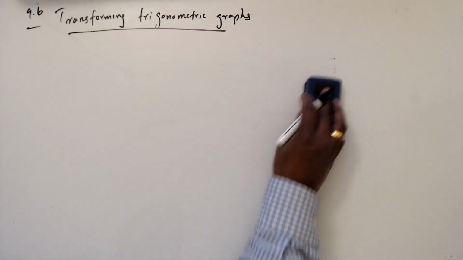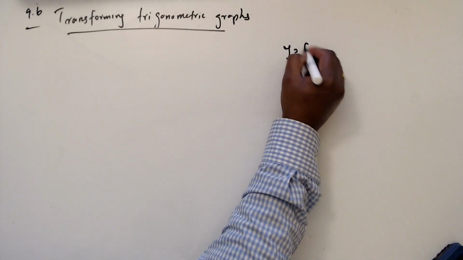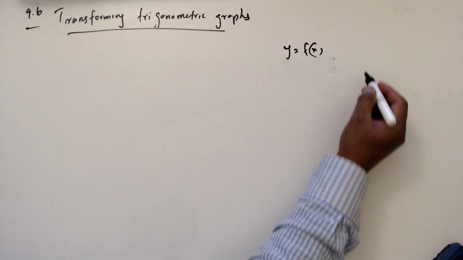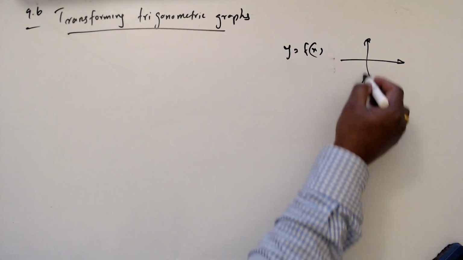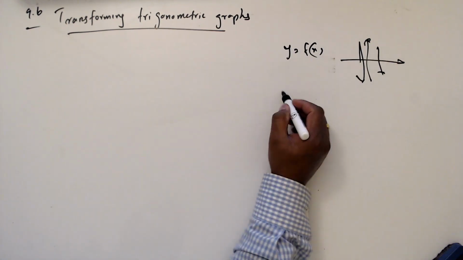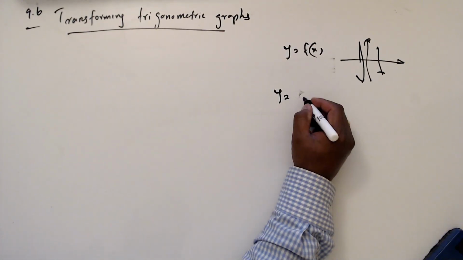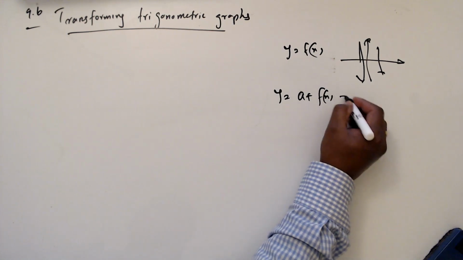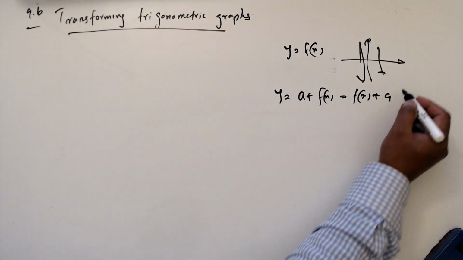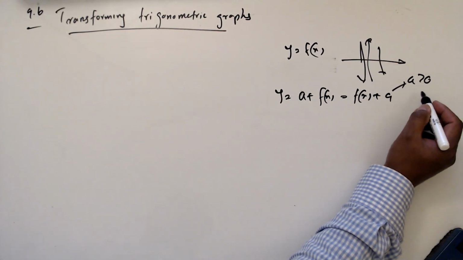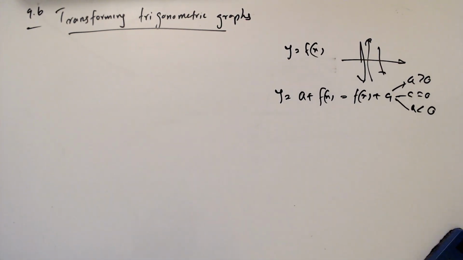If we consider the graph y equal f(x), and we want to move vertically up or down, then it's going to be a plus f(x) or f(x) plus a, where a greater than 0, a equal to 0, or a less than 0.